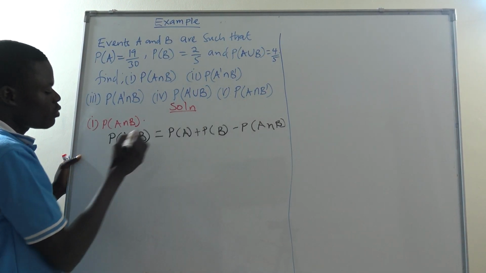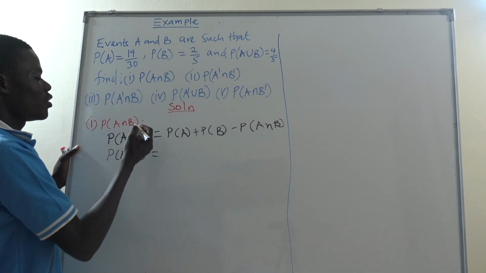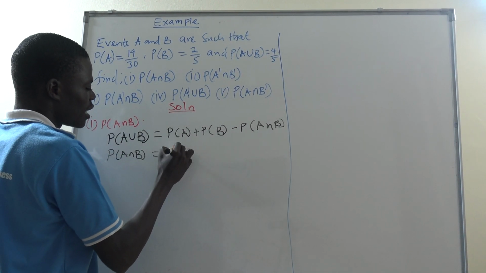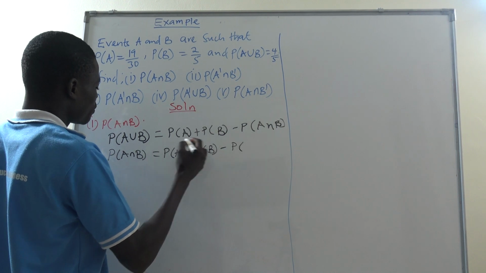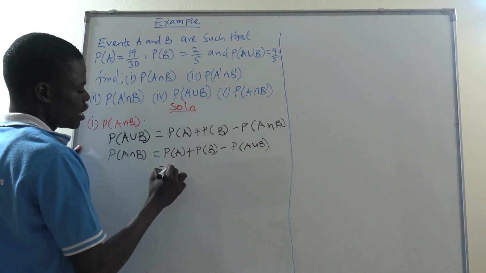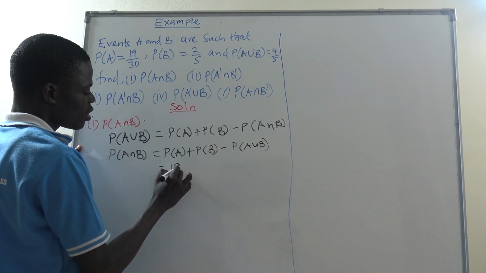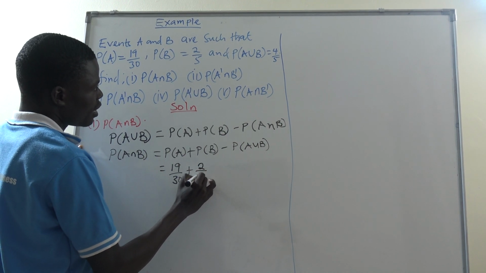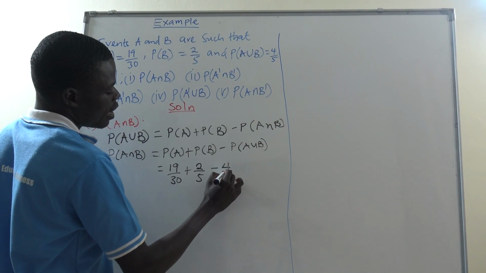So here we just need to make probability of A intersection B the subject of this formula. So here we shall get it as probability of A plus probability of B minus probability of A union B. So probability of A is 19 out of 30, plus probability of B is 2 out of 5, then minus probability of A union B, which is 4 out of 5.